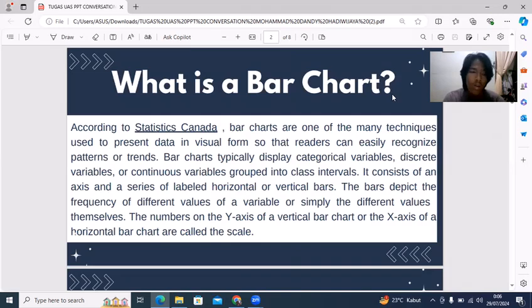It consists of an axis and a series of labeled horizontal or vertical bars. The bars depict the frequency or different values of a variable, or simply the different values themselves. The numbers on the y-axis of a vertical bar chart or the x-axis of a horizontal bar chart are called the scale.